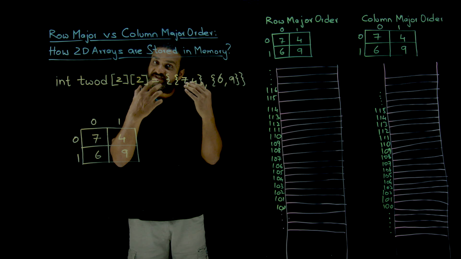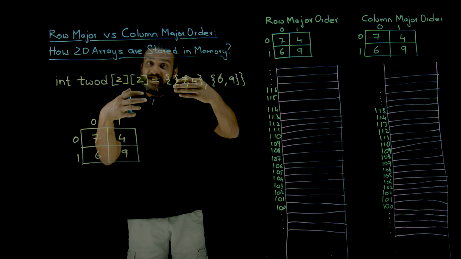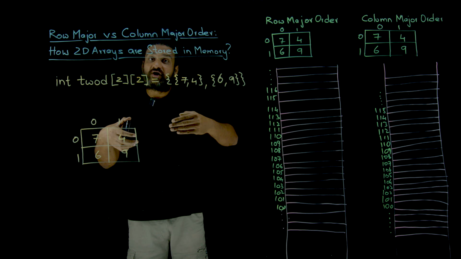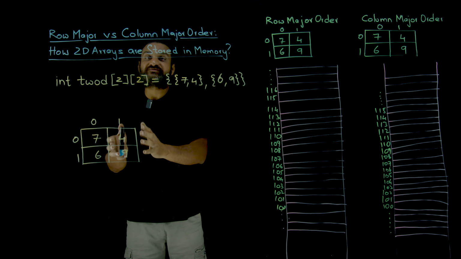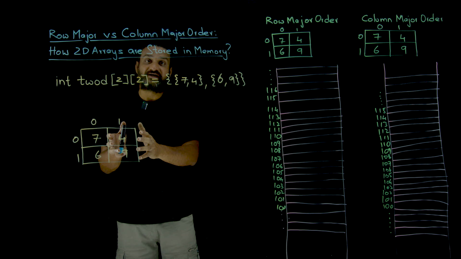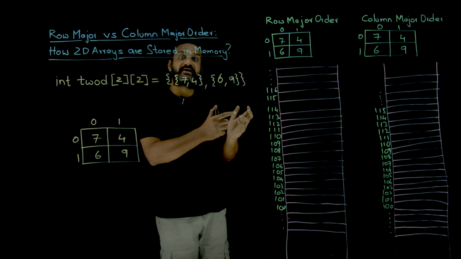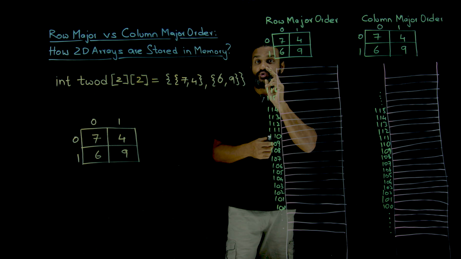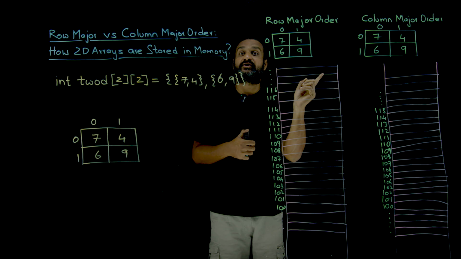No. Memory is contiguous and linear, and the elements of arrays are stored in a continuous way. To store the elements of a two-dimensional array in memory, the compiler uses 2 methods: row major order or column major order.